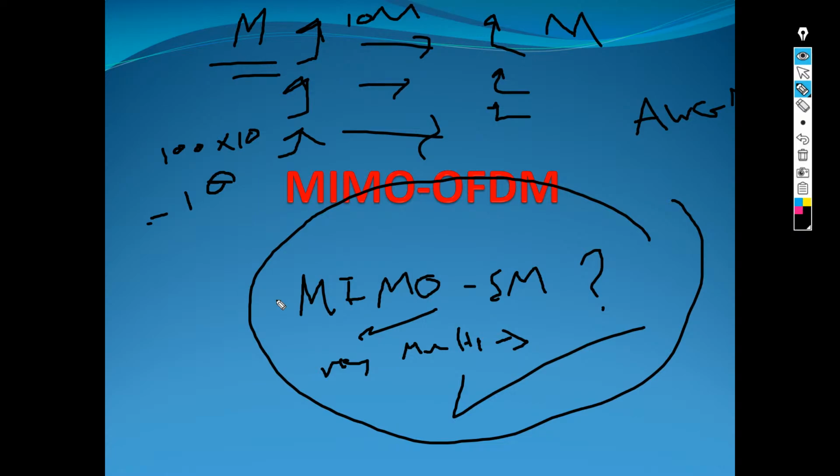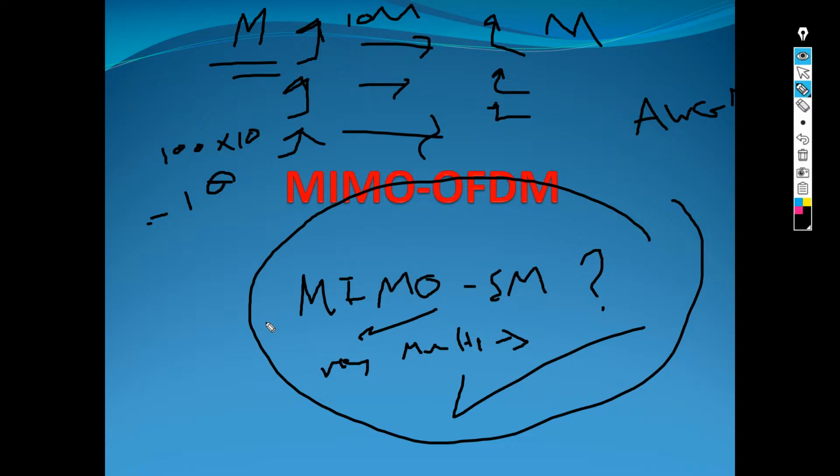At 60 gigahertz there are not many reflections. You cannot get a rich scattering environment at that frequency. Therefore, your channel is not full rank, which means it cannot support more than 1 or 2 streams at maximum, which makes you lose the advantage of spatial multiplexing that MIMO brings.